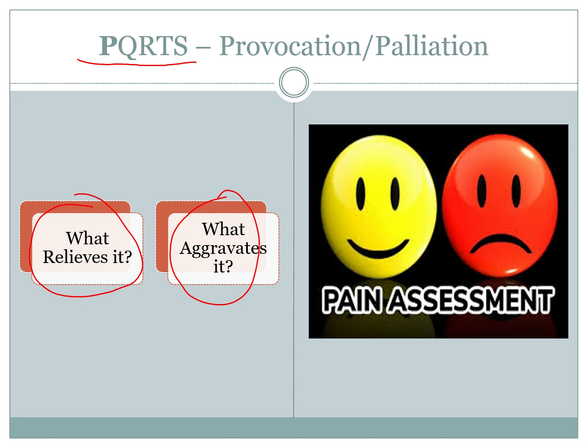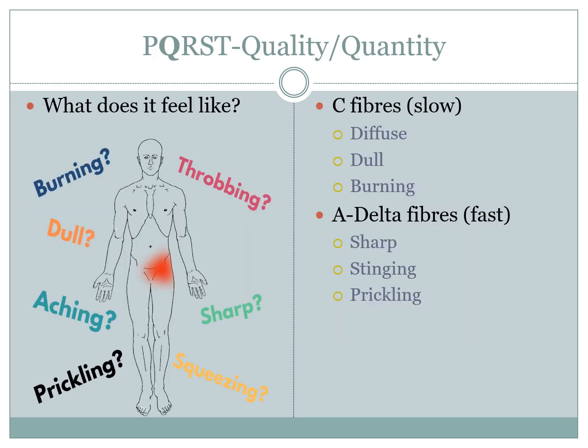When we move on to Q, which stands for quality and quantity, this is where our descriptors come in. And this is where our interpretation of those C fibers and delta fibers can really come into play. So a C fiber, as I mentioned, is slow. That's mostly associated with your visceral type pain, the ones connecting to your receptors associated with more chemical, thermal, and mechanical stimuli, but it's a lower level threshold.